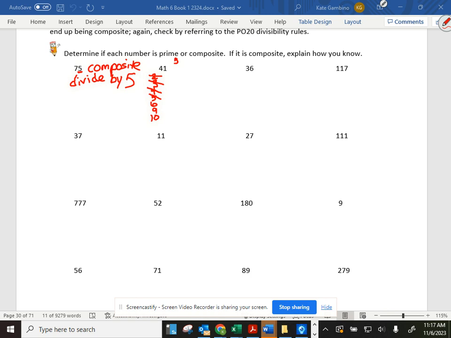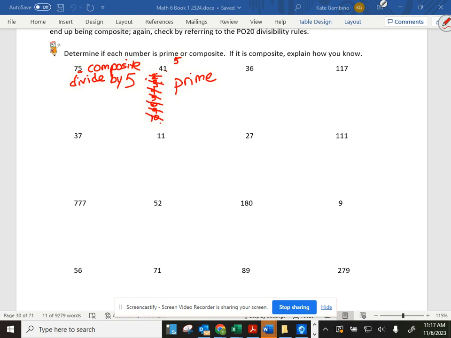Nope, doesn't end in a 5 or a 0. Is it divisible by 6? Nope, it's not divisible by 2 or 3. Is it divisible by 9? Nope, 5 is not divisible by 9. Is it divisible by 10? Nope, it doesn't end in a 0. I can't divide it by any of those, so it is prime. This right here is how you know. It's not divisible by any of the numbers.